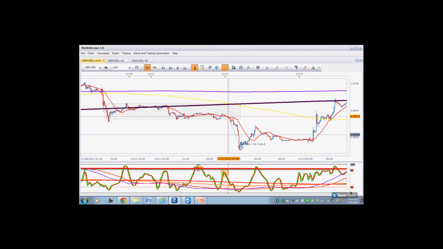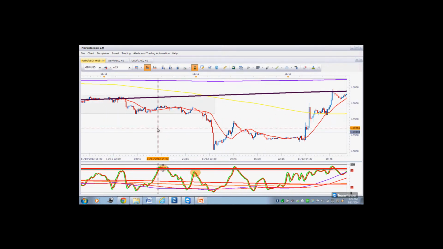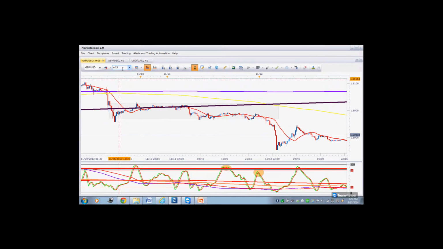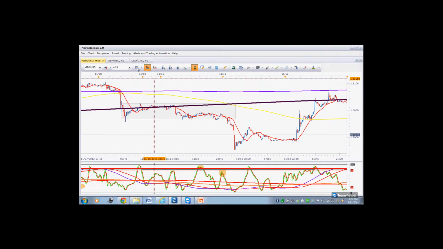Okay, that's how you further refine your entry, zooming in further into the lower time frame if the next higher time frame didn't give you a better appreciation of the momentum. Occasionally, I would zoom further to the 15-minute chart if the 1 hour stochastic does not give me a clear signal. All right, so this is another option in our multiple time frame analysis.